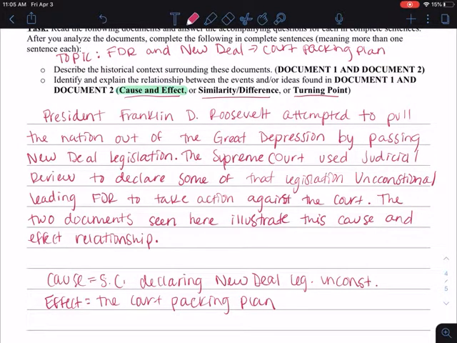You can pinpoint the specific legislation here, and you can use document 2 pretty heavily here. But good luck. Remember, give yourself that 20 to 25 minutes to write this whole thing. You really want to keep those paragraphs short, no more than 5, maybe 6 sentences a piece, short, sweet, to the point. Go back and look at your outline for a little bit more help, and feel free to email me with any questions that you have along the way.